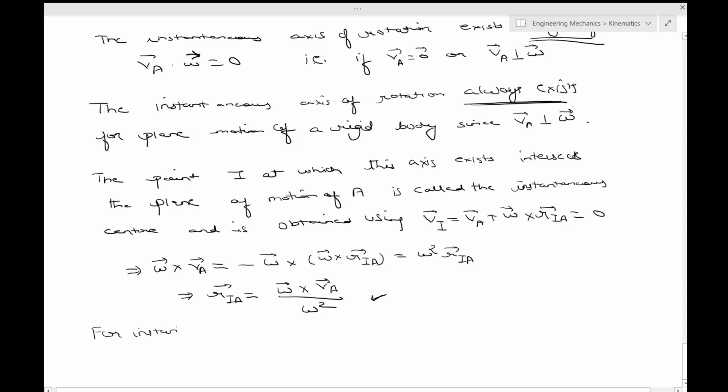For instantaneous center I, clearly the velocity of I is equal to 0, but generally the acceleration is not equal to 0.